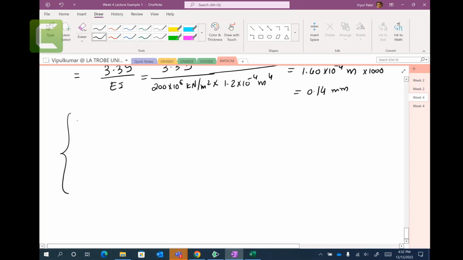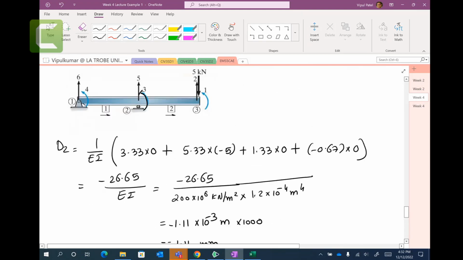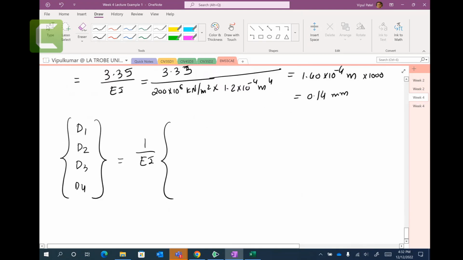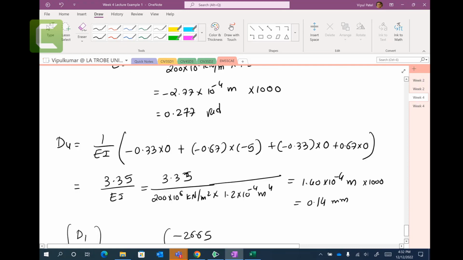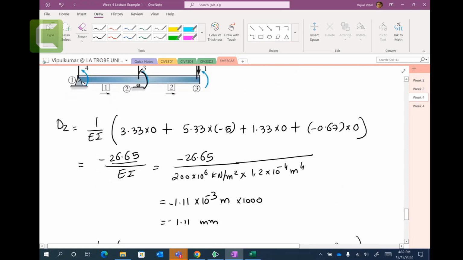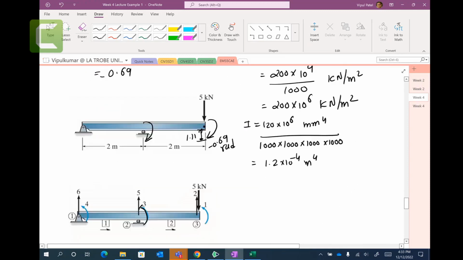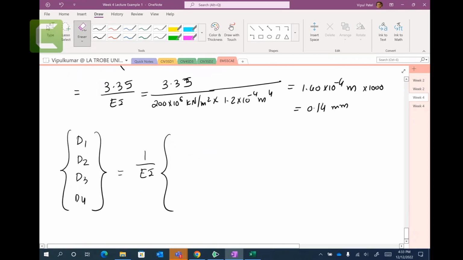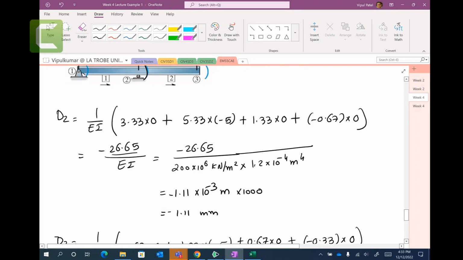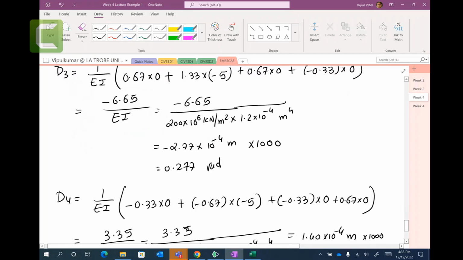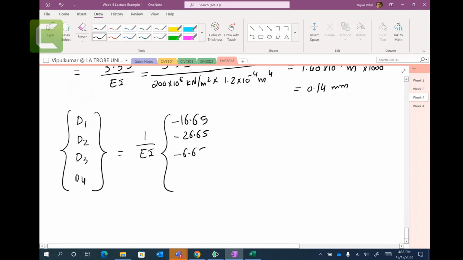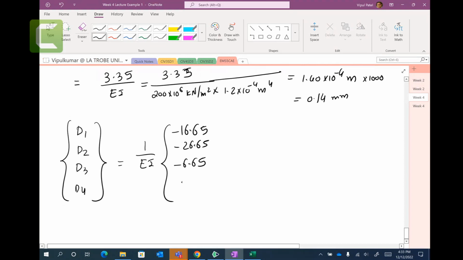If I write it in that format, D1, D2, D3, and D4 is equal to 1 over EI times: the first one was minus 16.65, the second one was minus 26.65, D3 minus 6.65, and D4 is 3.35.